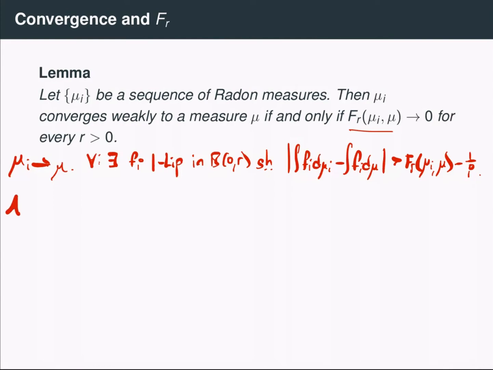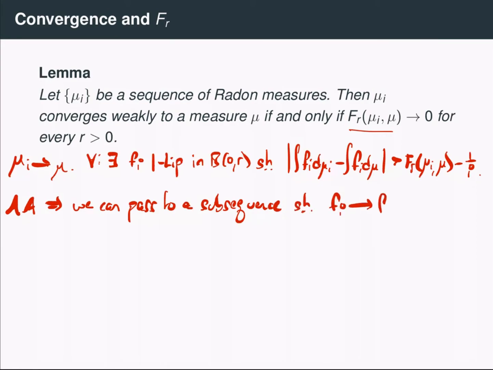Therefore, Arzelà-Ascoli implies that we can pass to a subsequence, and I'll use the same subscripts as before, such that f_i converges uniformly to some other 1-Lipschitz function f supported in the ball centered at 0 of radius r.